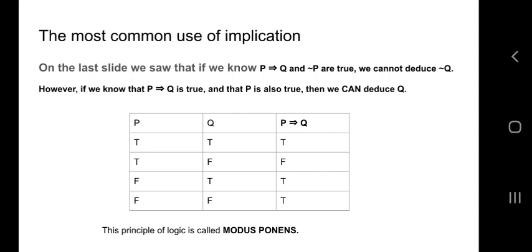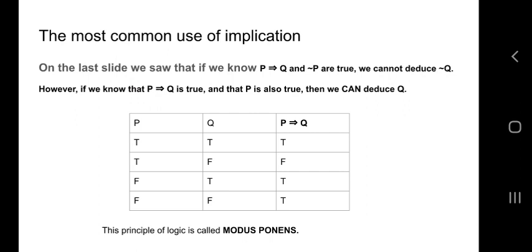It's forced on us by the truth table. The truth table captures all possible scenarios of true and false, everything. And we saw that the only scenario where P implies Q is true and P is true, Q just happens to be true too. So that's kind of like a little proof that if you have P being true and P implies Q being true, then you can deduce that Q is true.